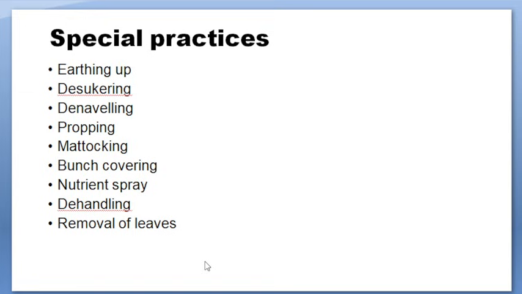It will help in giving good yield as well as quality in banana. Dehanding means separation of the hands. Then removal of the leaves, that means dried leaves or any infected leaves, we have to remove to maintain the proper health of the plant.